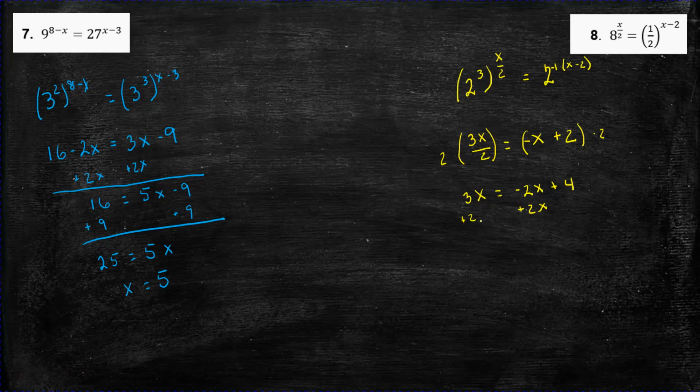Yes, I'm adding 2x to both sides, sorry. Okay, we add 2x to both sides, and that's going to give me 5x equals 4. So divide by 5, and I get x equals 4 over 5.